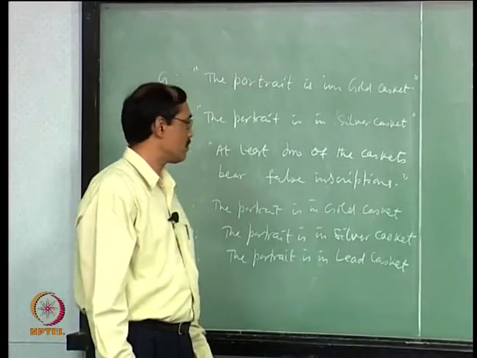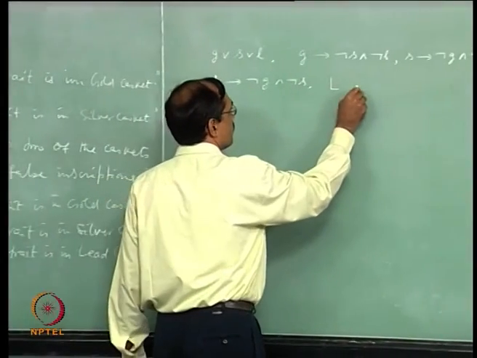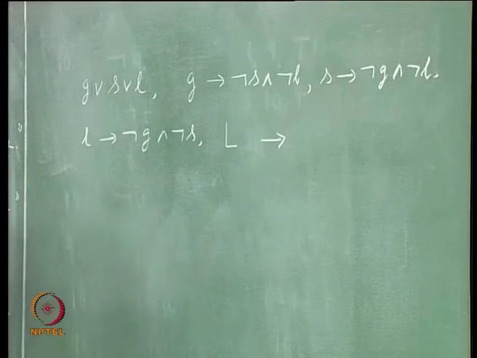Capital L: if L is true, then at least two of the inscriptions are false, that is true, fine. So, that means G has to be false, the other inscription S has to be false.